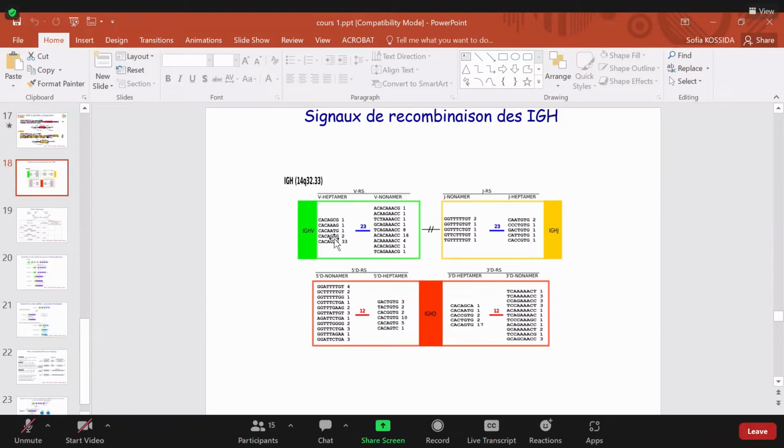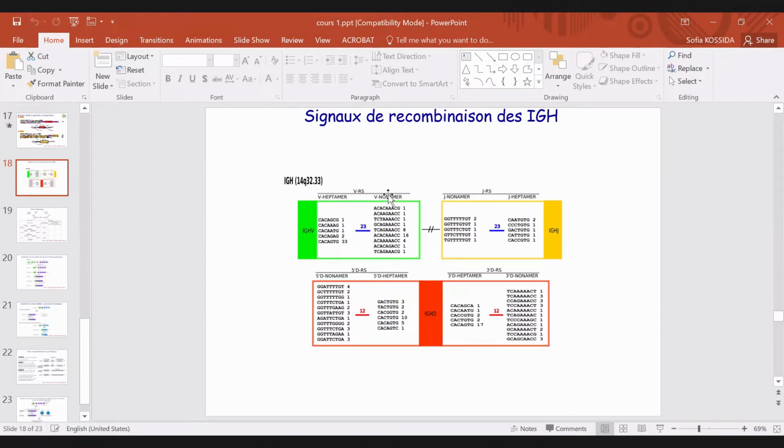What are the 3 units? There is the heptamer, there is a spacer, and there is a nonamer. The heptamer consists of 7 nucleotides. Then there is a spacer, which is either 23 or 12 nucleotides. And there is a nonamer, which is made up of 9 nucleotides.